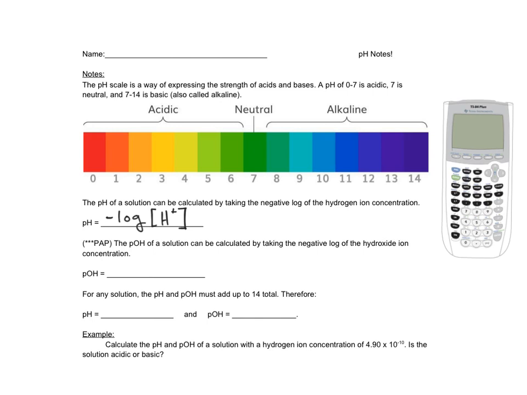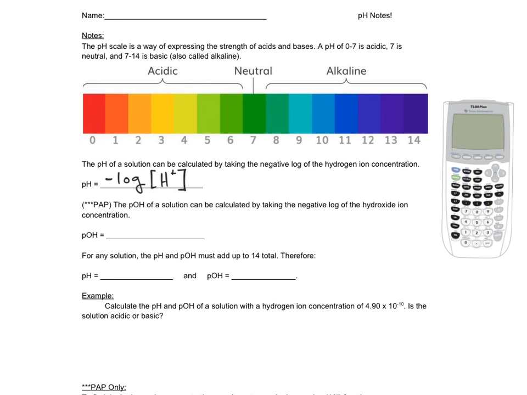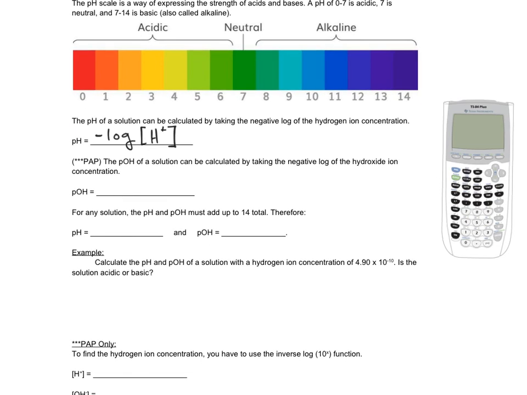All right, so there's also a thing called a pOH. pH is based on the hydrogen ion concentration. pOH is based on a hydroxide concentration. And the deal is that pH and pOH must add up to 14 total, which is the total width of the scale.